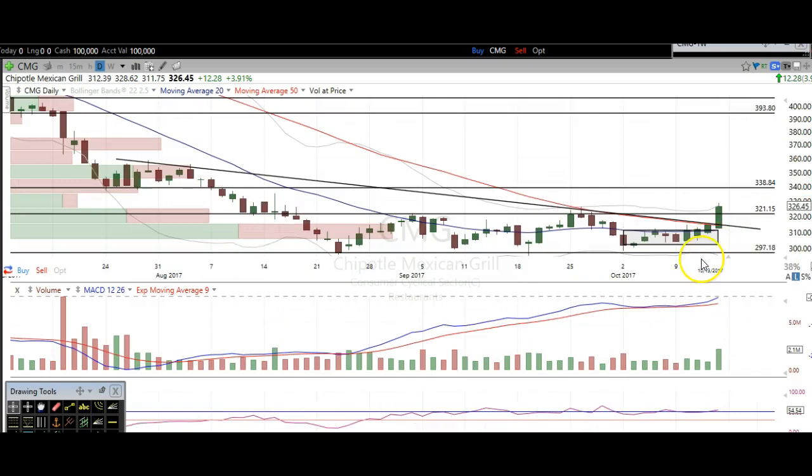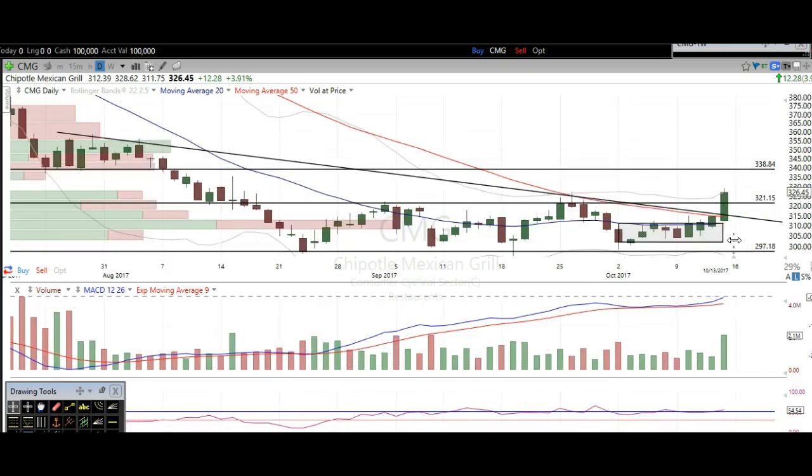We have been mentioning that we liked Chipotle for a long time, and congrats if you've been following along because it's worked out very, very nicely. And last Friday, right here, we got confirmation that most likely Chipotle is going to head even higher than where it's at right now, and I'm going to go over exactly why.